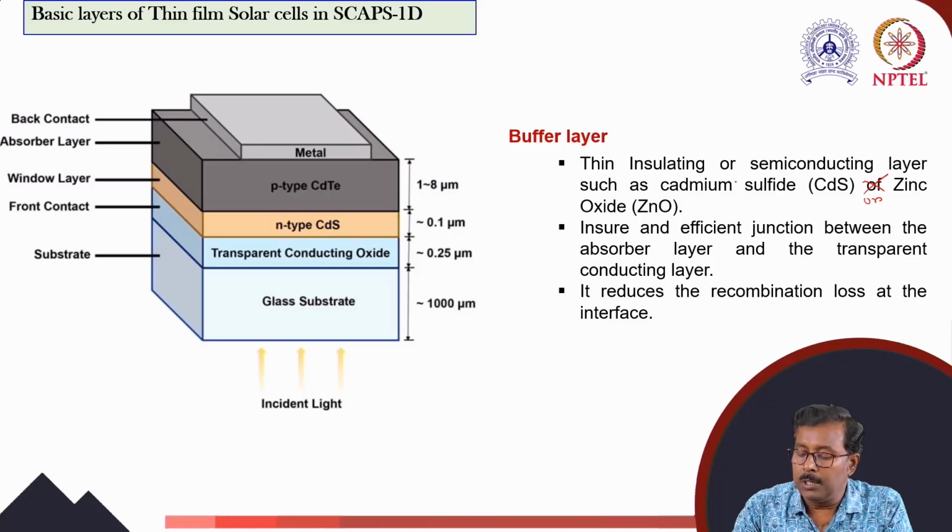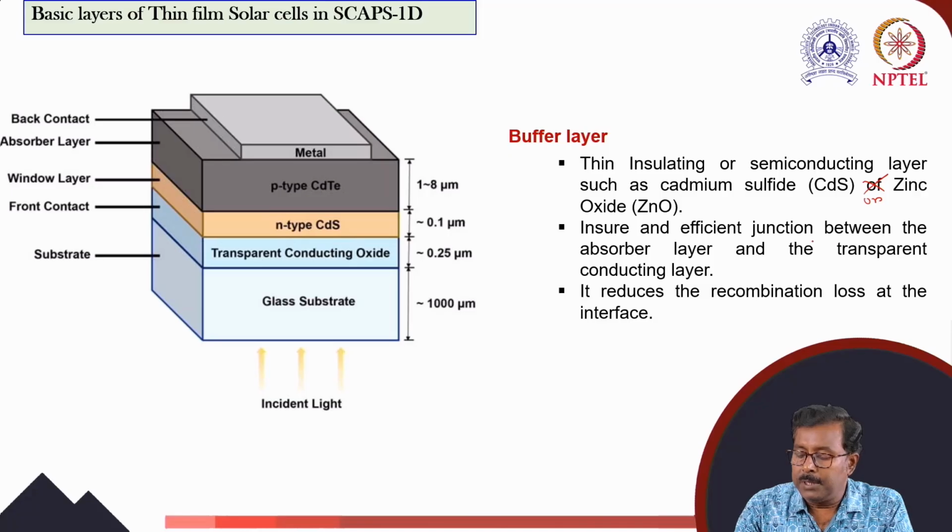So thin insulating or semiconducting layers such as cadmium sulfide, zinc oxide, act as a buffer layer. They match the crystal lattice mismatch between these two. Also sometimes the energy band gap is aligned.